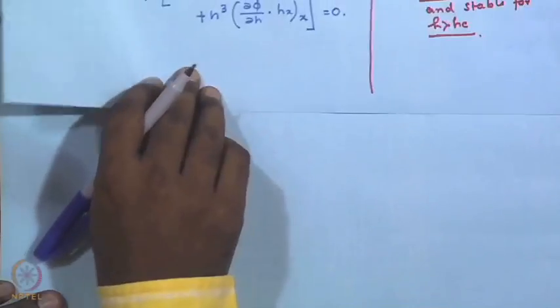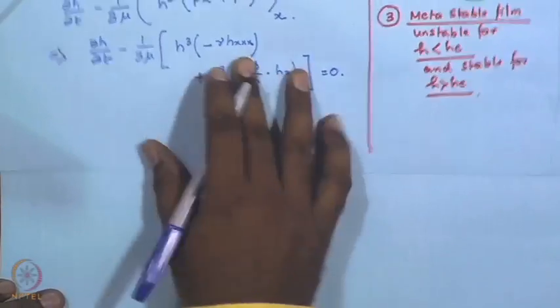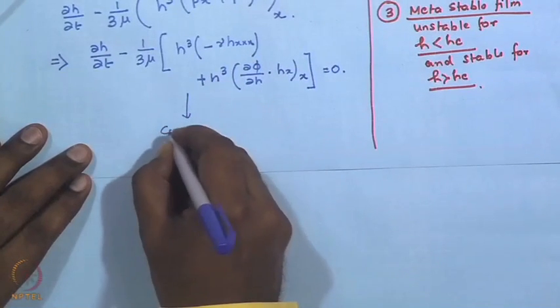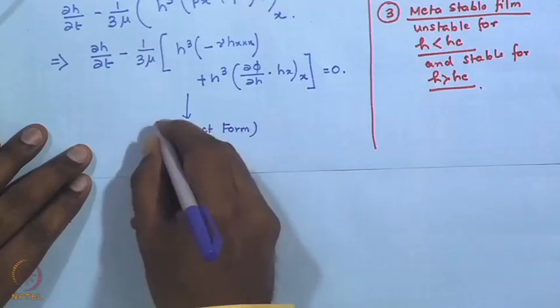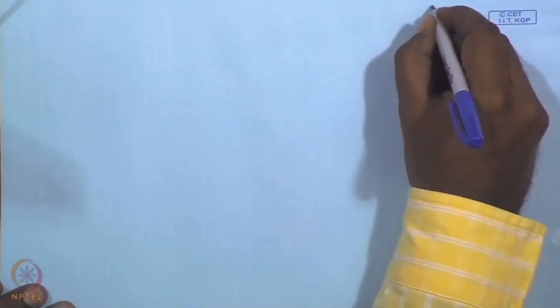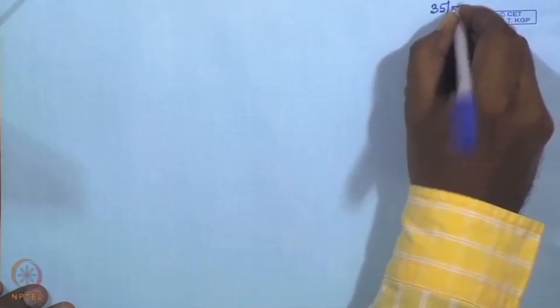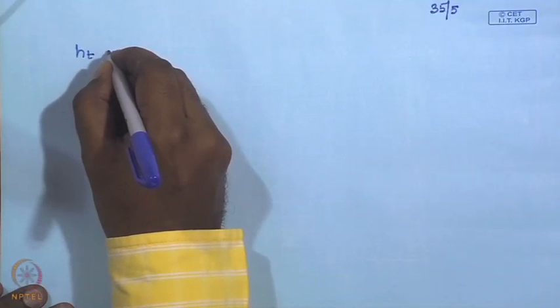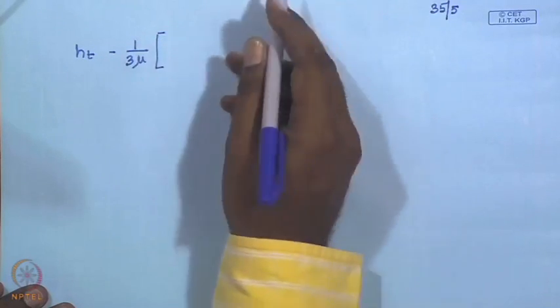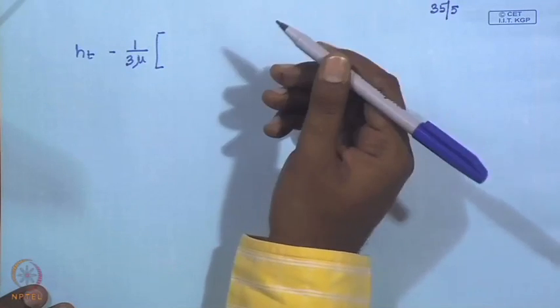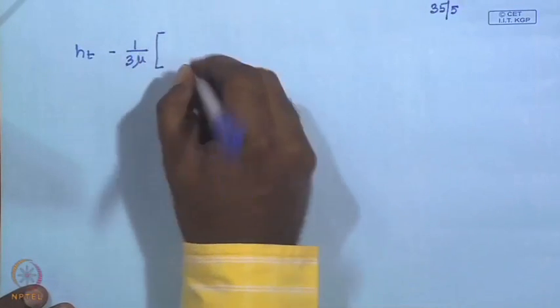Finally, if we write this equation in a little compact form, what we will get is h t, where as I have mentioned previously also, a suffix refers to differentiation. So, del h del t is essentially h t.